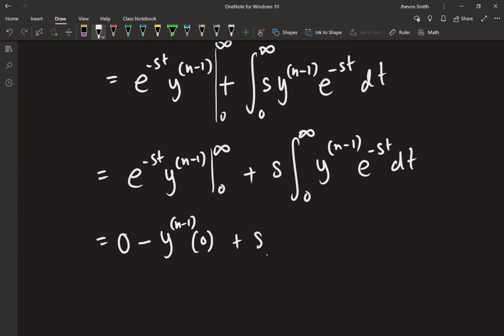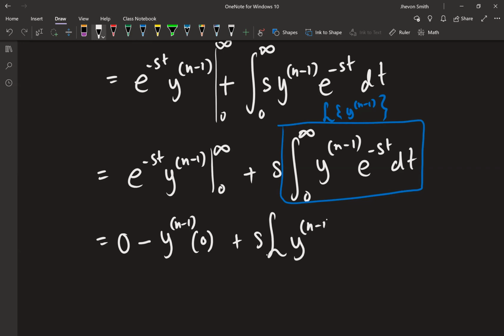Now when I look at this part here, you'll notice that that is the Laplace transform of y to the n minus first derivative by definition. So this ends up being the Laplace transform of y to the n minus first derivative.